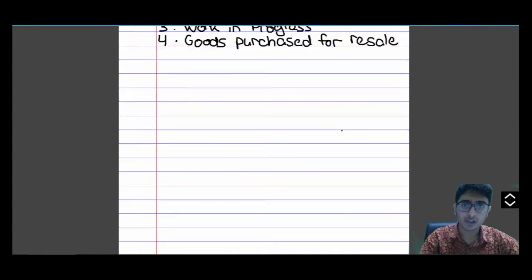Now, how do we actually recognize inventory? Remember, inventory is an asset, hence it has to meet the criteria.